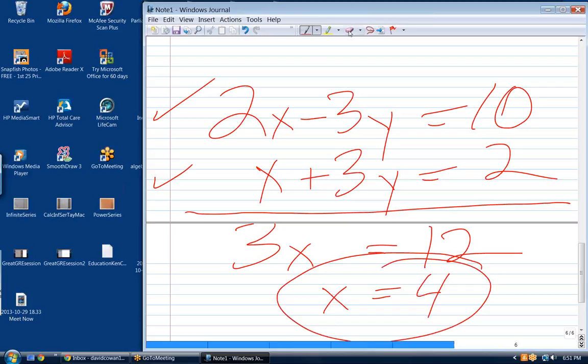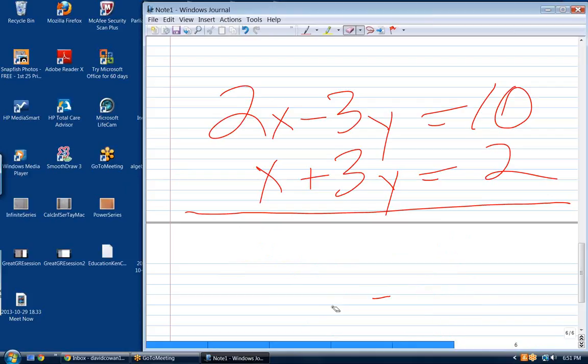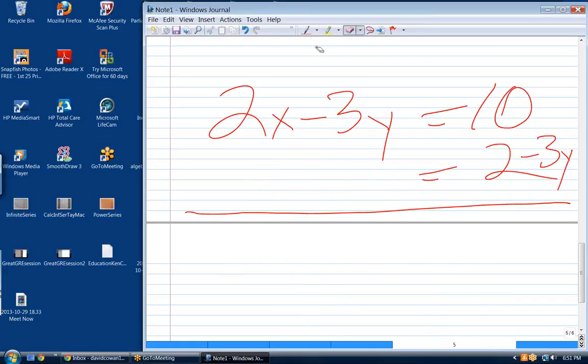But that's the beauty of the standard format, it's the best format for solving by elimination. Notice that if one of these equations was this, not in standard format, same equation, I probably wouldn't use elimination to solve this. I would use substitution.